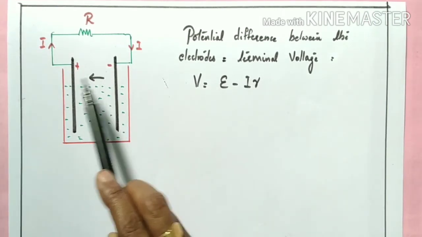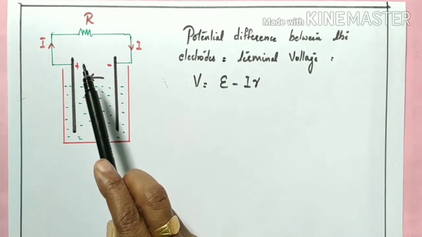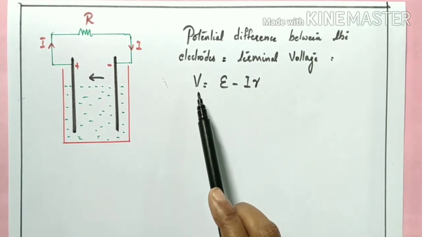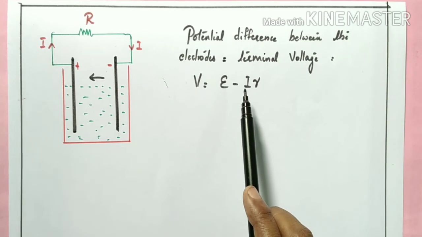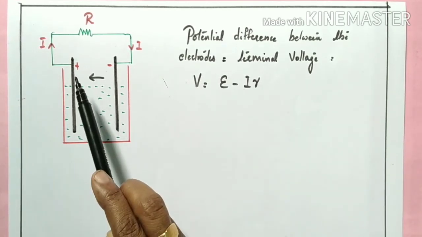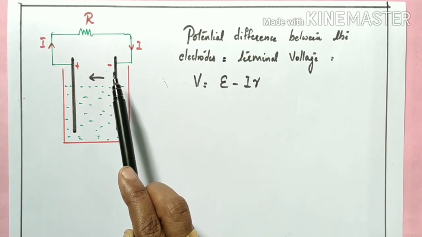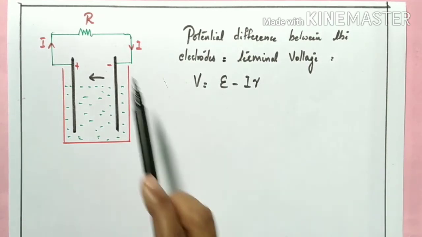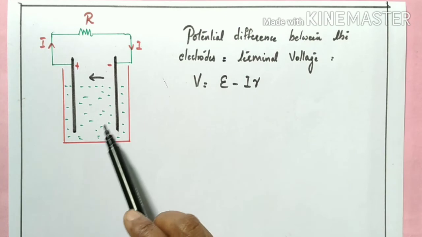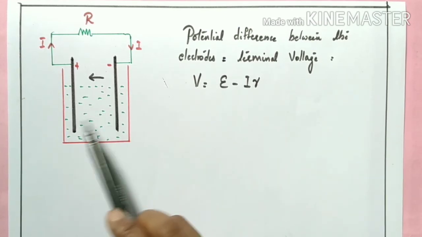Now the potential difference between the two electrodes, or the terminal voltage, is given by V equals E minus Ir, because E represents the potential difference between the positive and negative electrodes if no current is drawn. Ir is the potential difference provided by the electrolyte, that means this region.